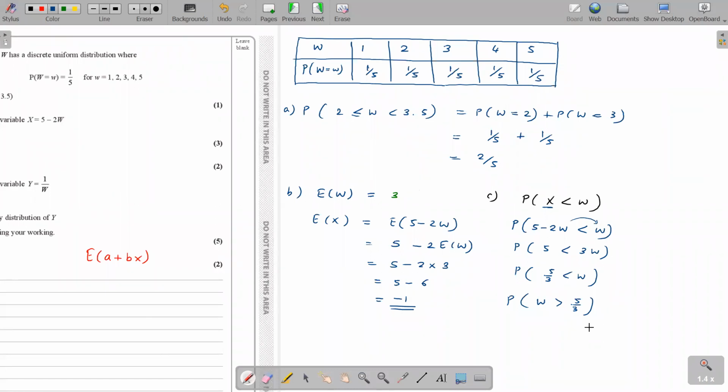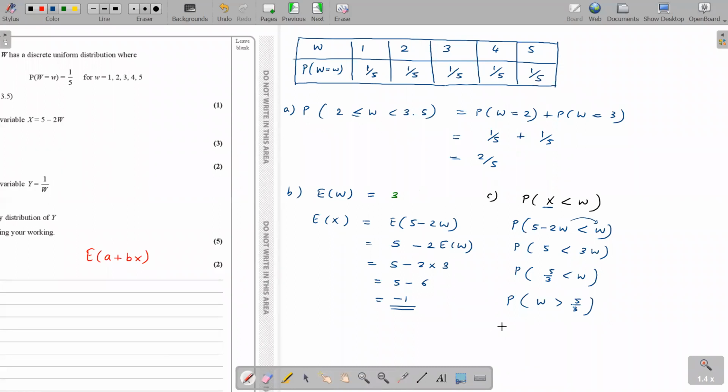A value of something in the 1 point range, right? 5 over 3 is exactly how much? 1.666, something like that, right? So W value is greater than 1.66. What are the W values greater than 1.66? Tell me, look at the table. 2, 3, 4, and 5. So add all the probabilities.